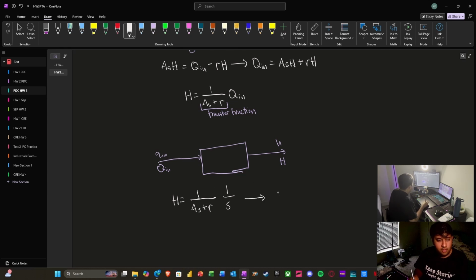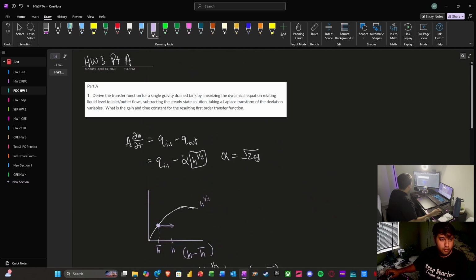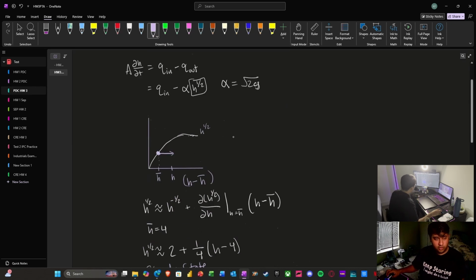If we keep solving this, our H will equal K over tau s plus R, where K is our gain and tau s plus R is our time constant, which is exactly what our problem statement wanted us to figure out: the gain and time constant for our transfer function.